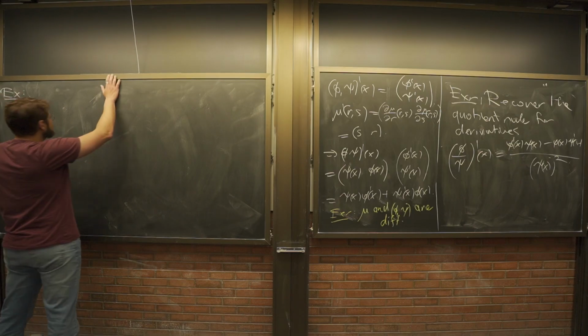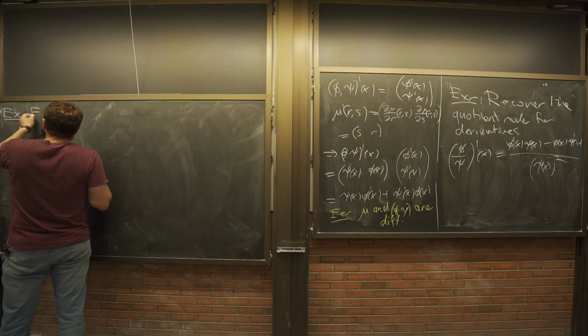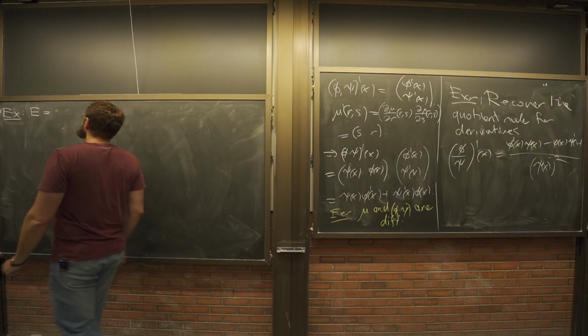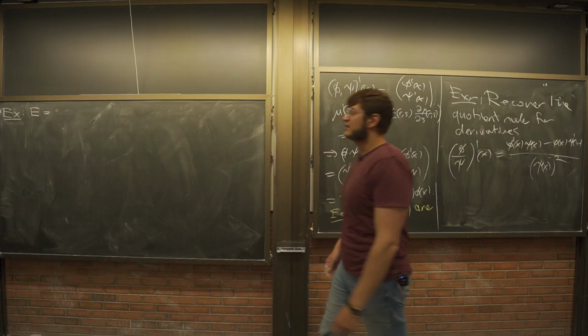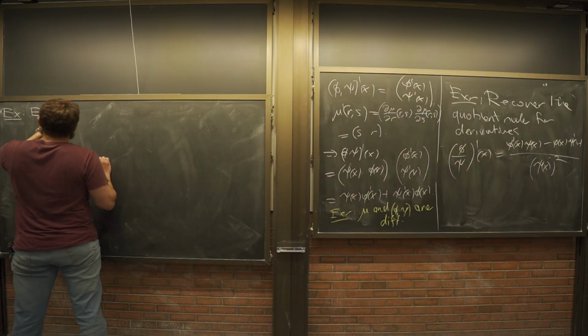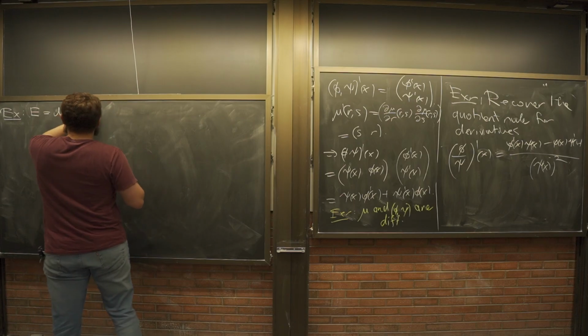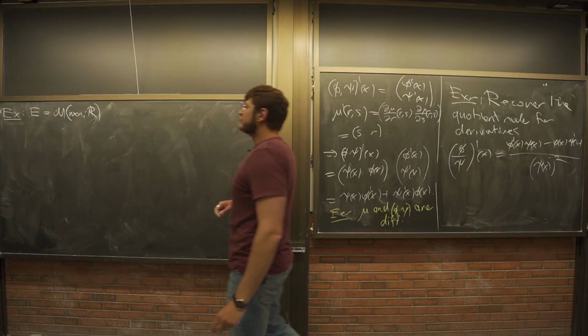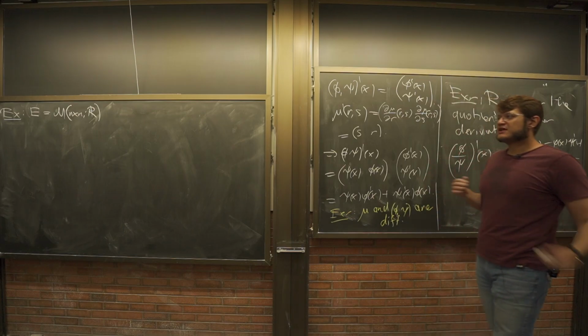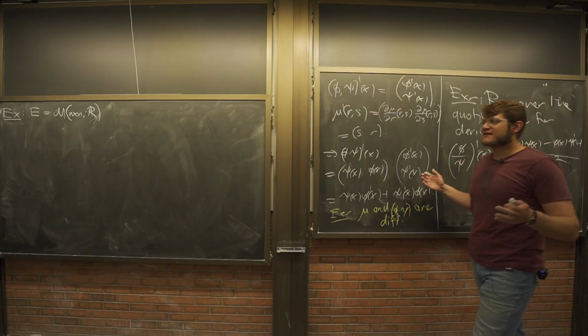So let E be the space of n by n matrices. This is an n squared dimensional real vector space. It's a normed space under the operator norm. So this is perfectly valid.